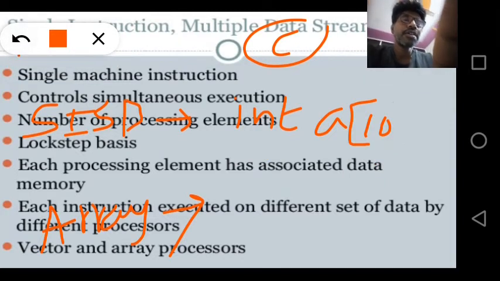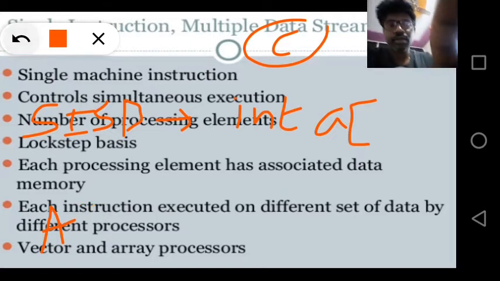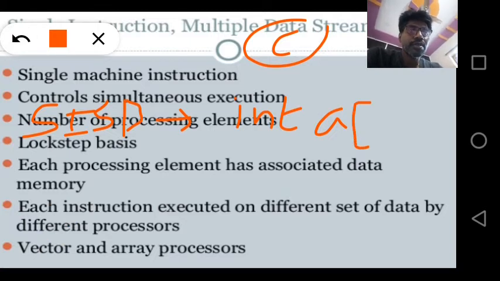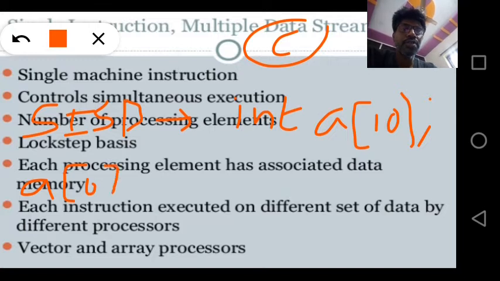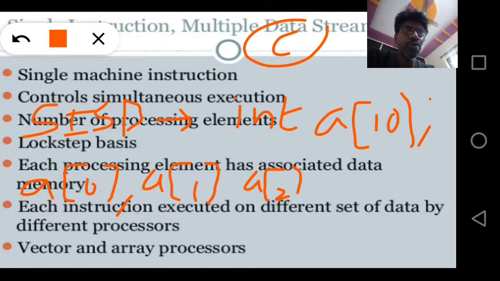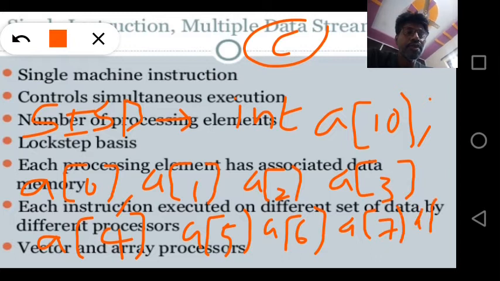There are 10 elements in the array: A of 0, A of 1, A of 2, A of 3, A of 4, A of 5, A of 6, A of 7, A of 8 and A of 9.